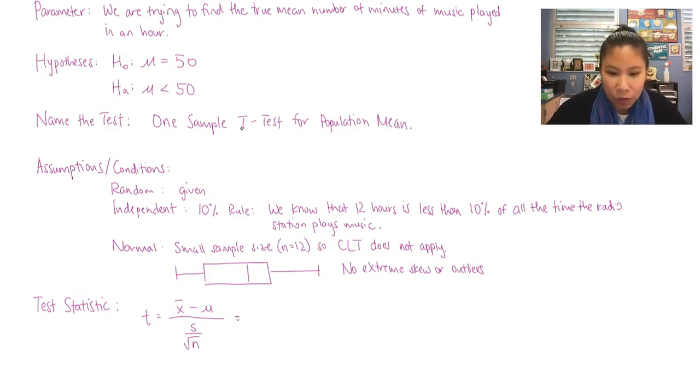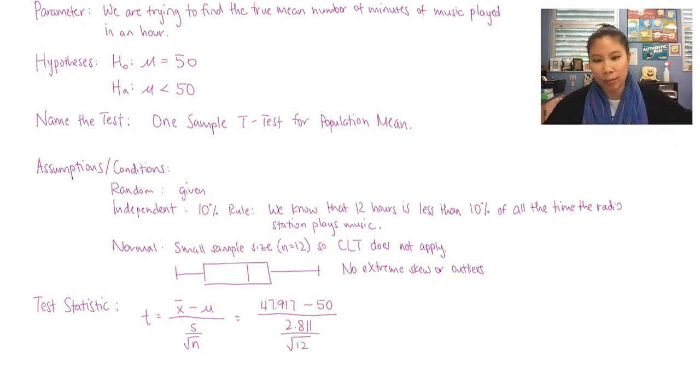In this sample, I got a sample mean of 47.917. The mean that we are using for the population is 50 because that was the number in our hypotheses. And then our sample standard deviation was 2.811 over the square root of 12 because I had 12 data points in my data set. All right, so this comes out to be negative 2.57.